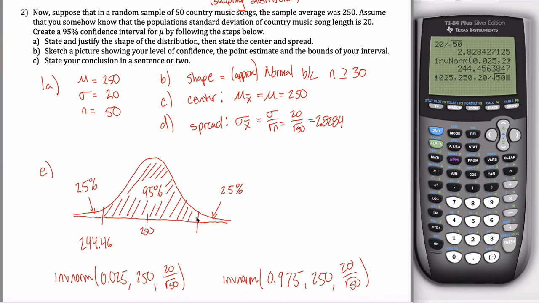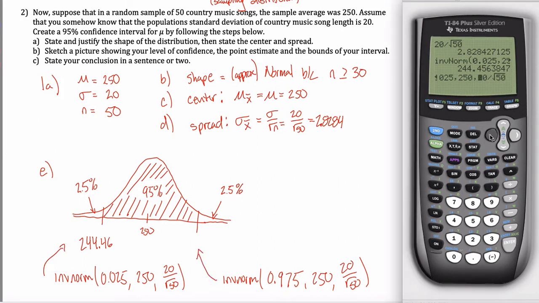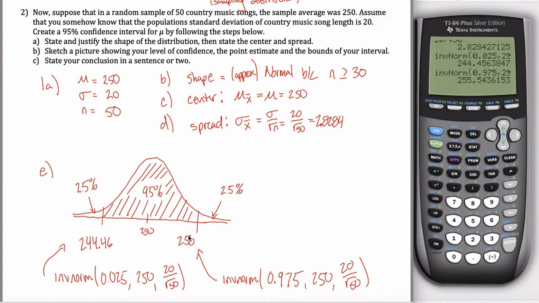But the area to the left of this guy is 97.5%. So what I did is I hit second and then enter to pull up the most recent entry, and then I'm just going to change this to 0.975 instead of 0.025. And it spits out this number, 255.54, rounding to 2 decimal places for consistency's sake.